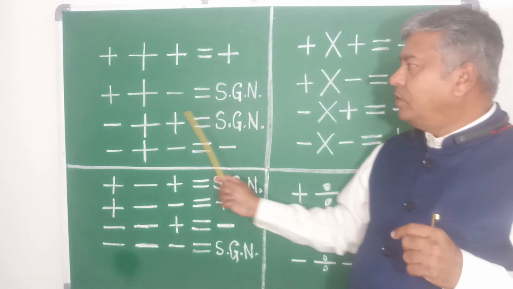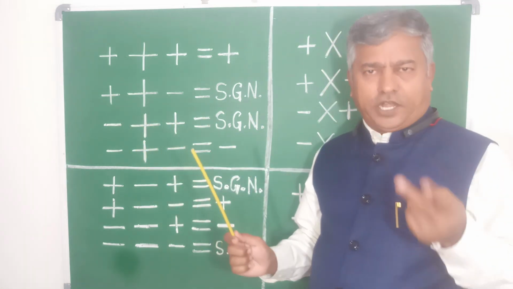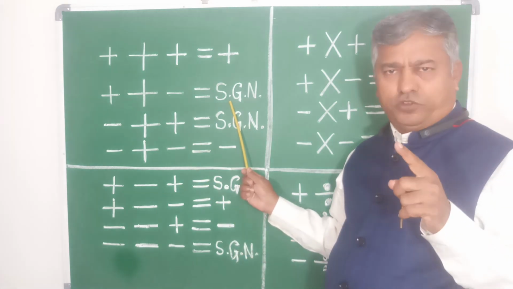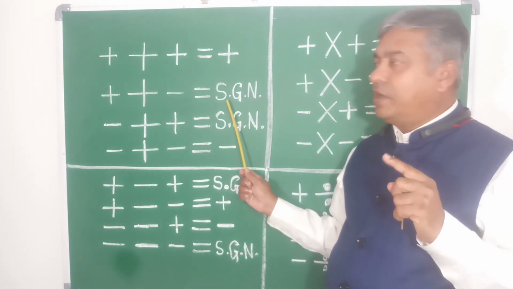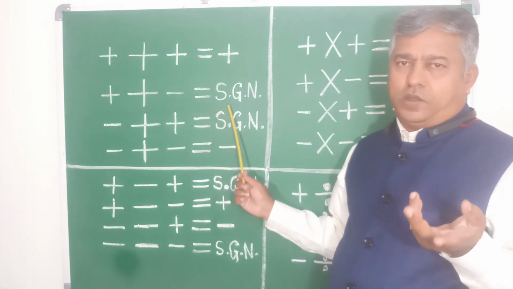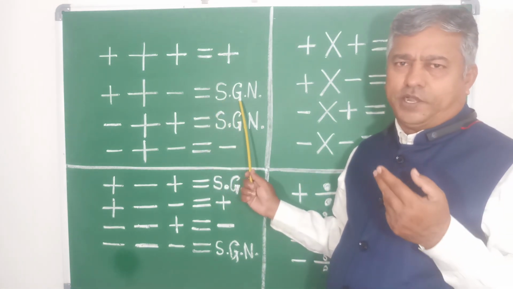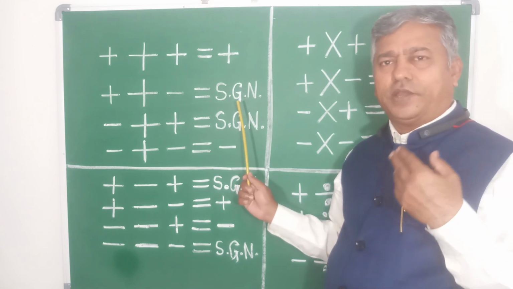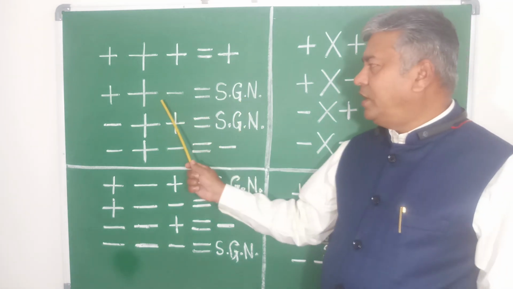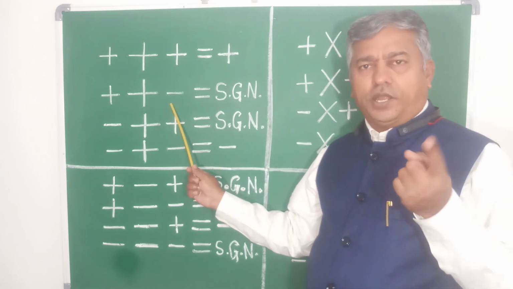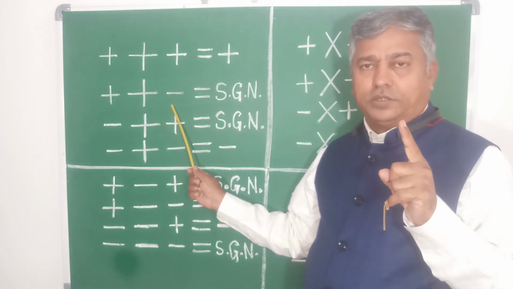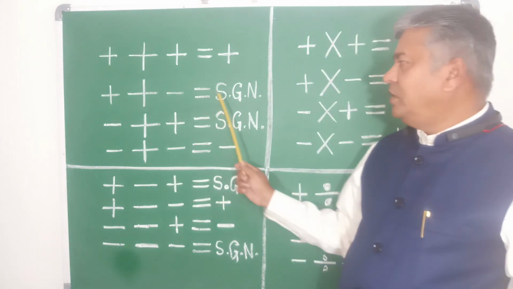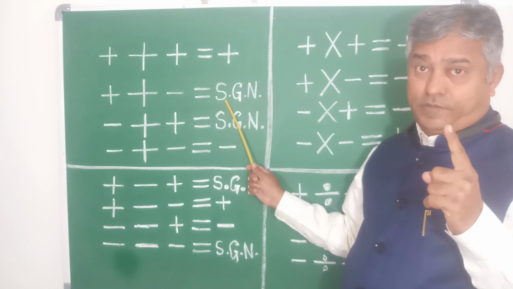If the positive number is greater, then we should write down here the positive sign. Again, positive sign is not necessary to write down here. If there is no sign, it means it is positive. Then, if the negative number is greater than the positive number, then the sign should be negative.